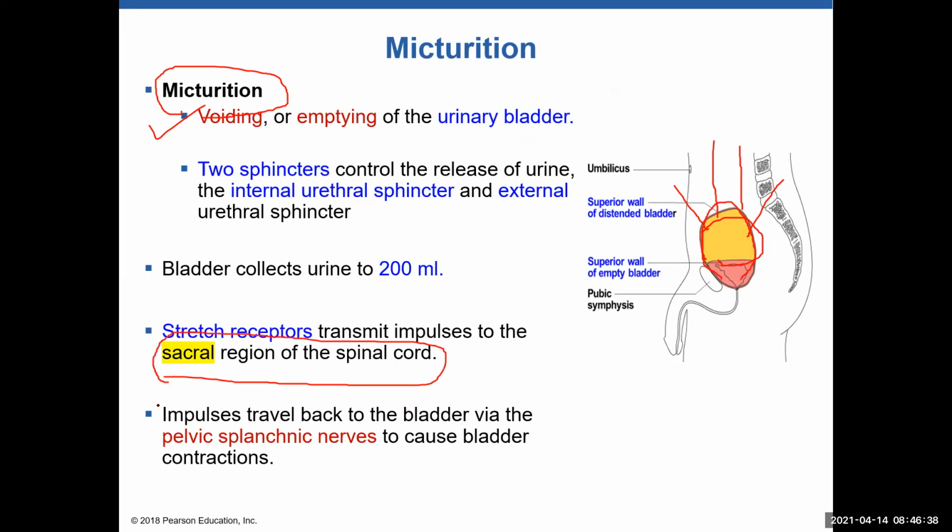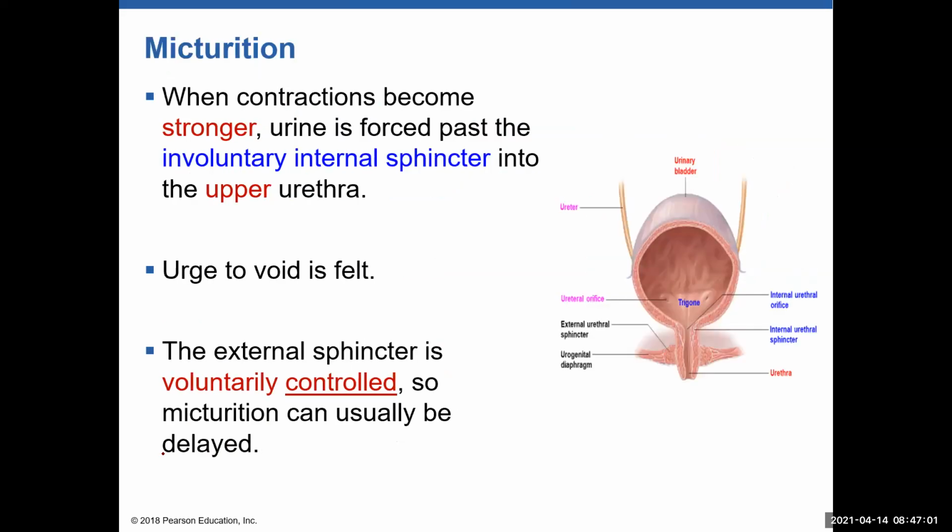In return, the impulses travel back to the bladder through the pelvic splanchnic nerves, which cause bladder contractions, and detrusor muscles can contract and help in voiding the urinary bladder, or you can say micturition, emptying the bladder. Okay, and then we stop over here.